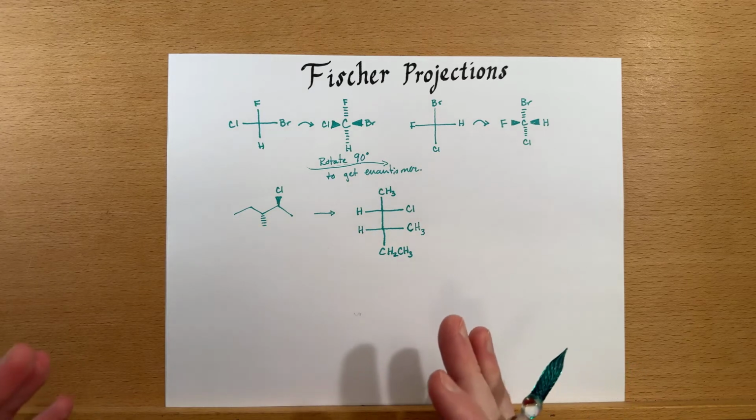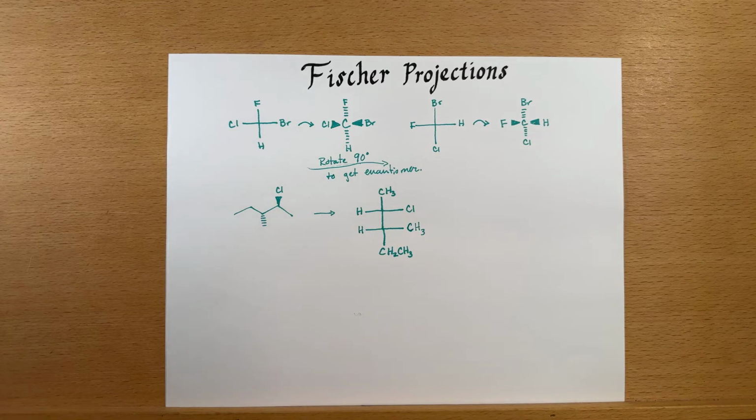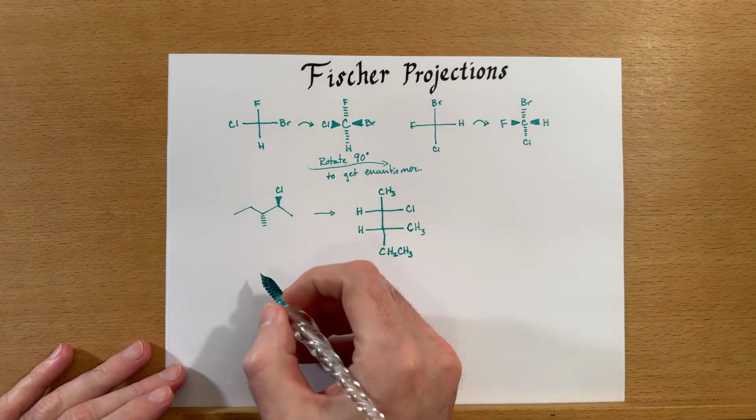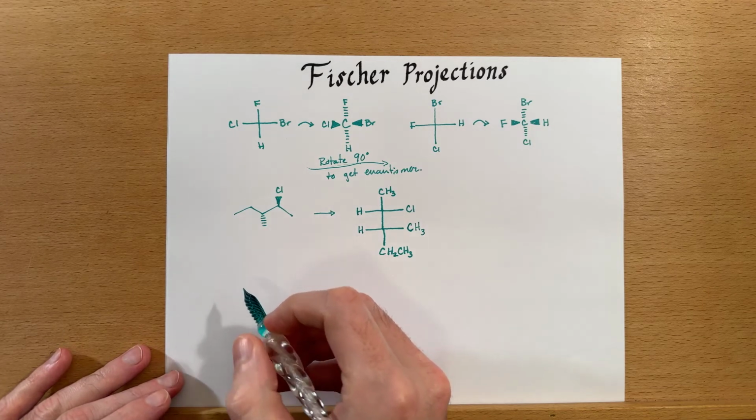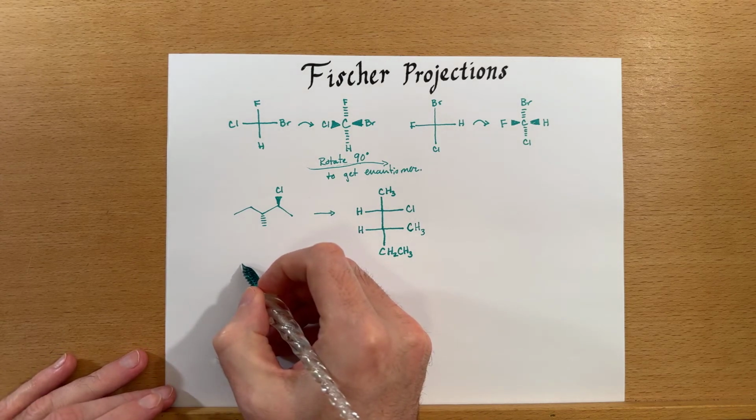Let's do another example, only in this case, we will translate a Fischer projection into our wedge and dash notation. Because we do need to be able to go both ways.